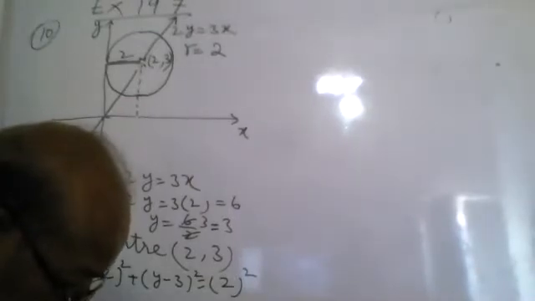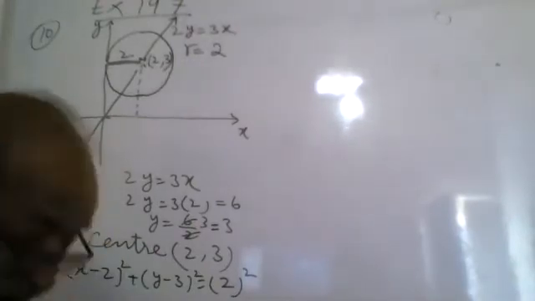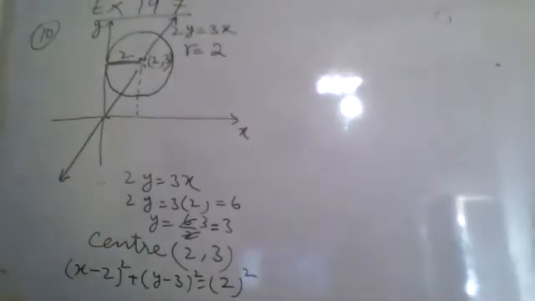Question number 11: x square plus y square minus 2x minus 2y minus 2 equal to 0. In exercises 11 to 24, write each equation in standard form and determine the center and radius.